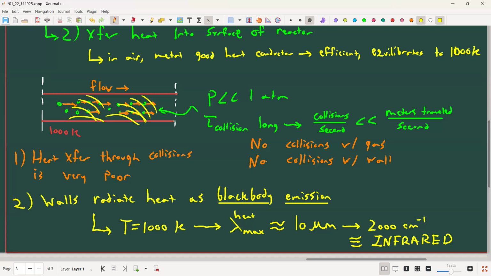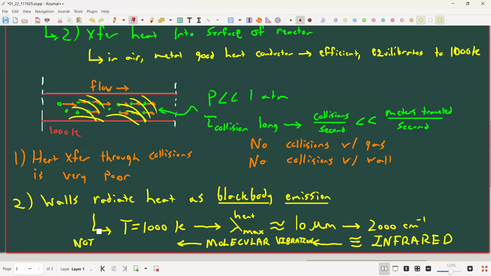So what that means is that this is the same type of energy. What this leads to is molecular vibration, which is not enough energy to react. Not hot enough. Just say that, it's not hot enough.